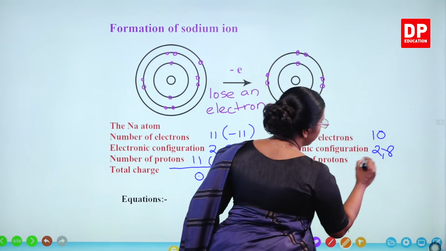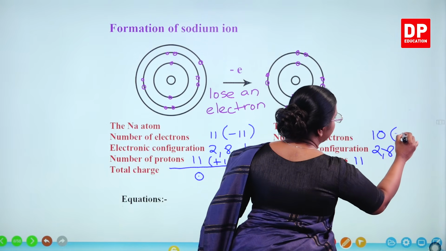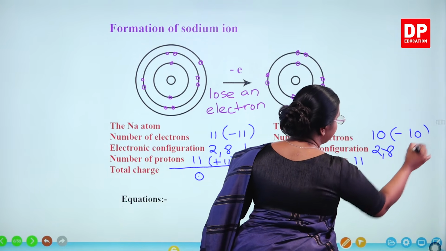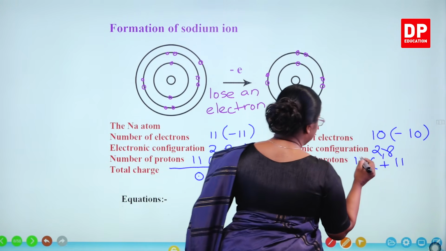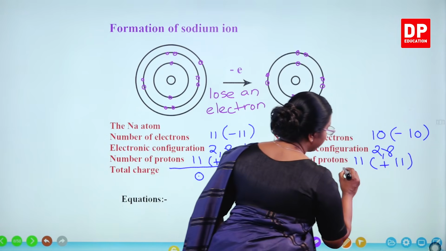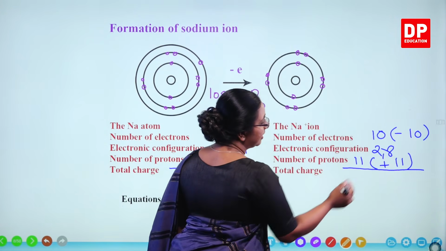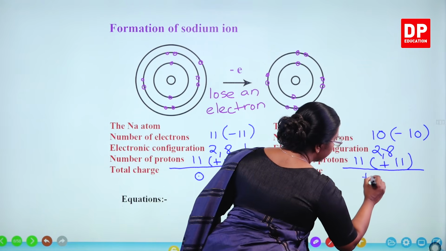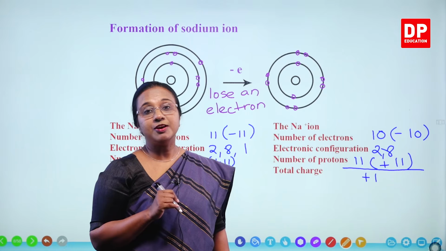So the number of protons is still 11. Now if you look at the charges, there are 10 negative charges, but there are 11 positive charges. So if you calculate the total charge, minus 10 plus 11, there is a positive charge, 1 positive charge.